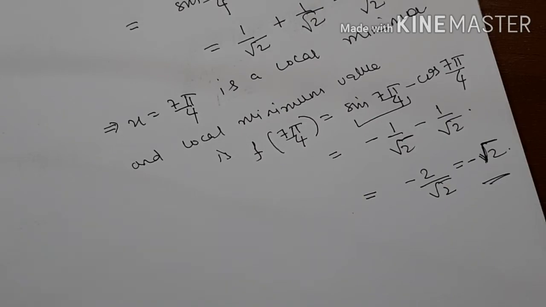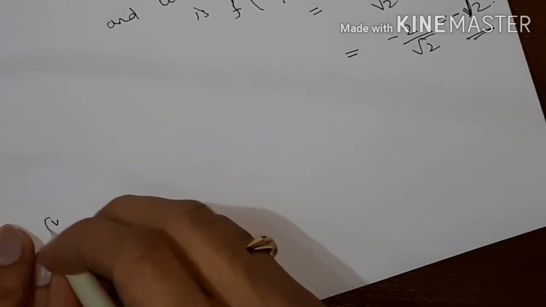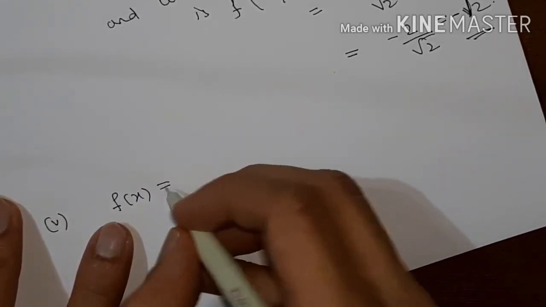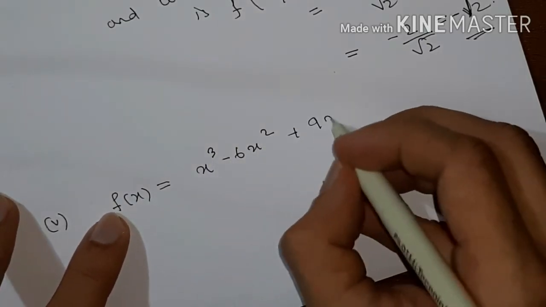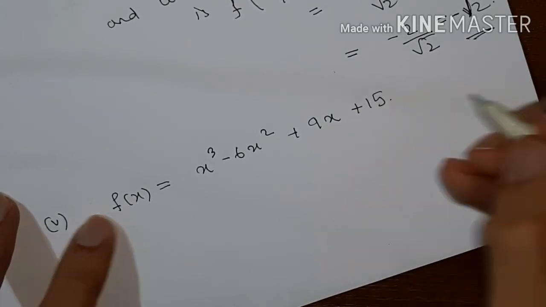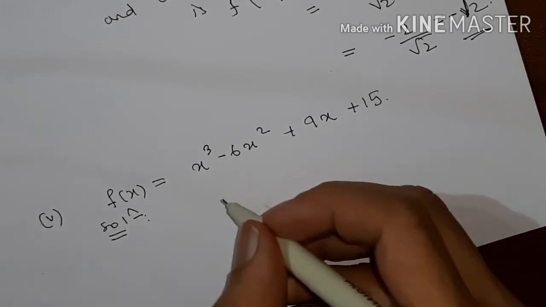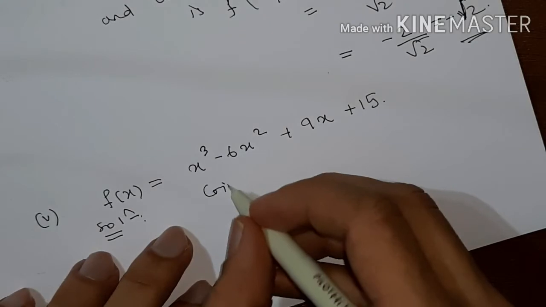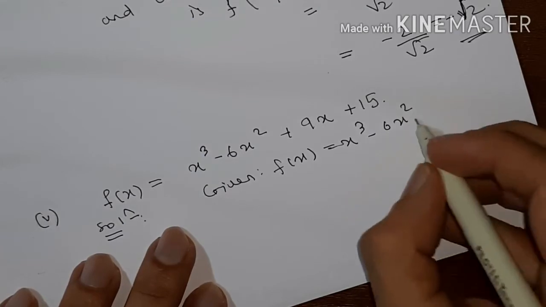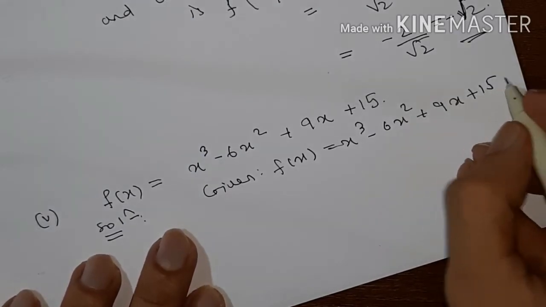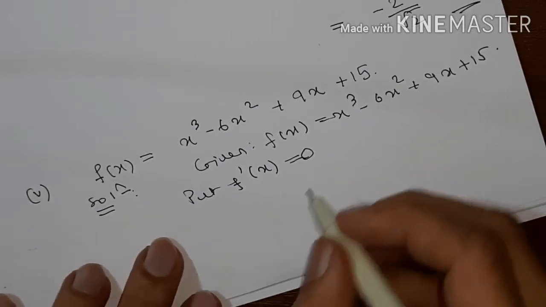Now let us go to the fifth problem. It is f of x equal to x cube minus 6x square plus 9x plus 15. So you have to look at the function which is given. Then the second step is f prime of x, you put it as 0.